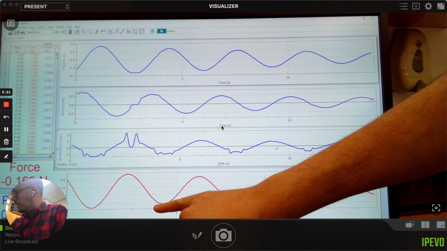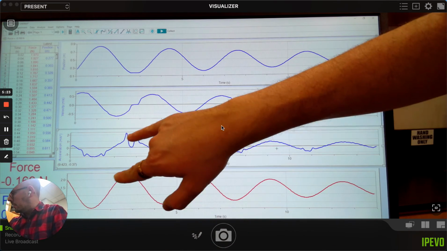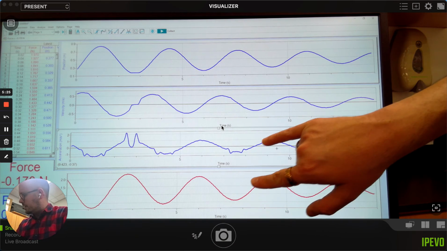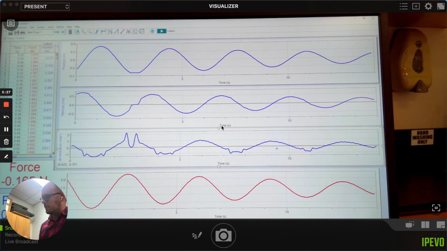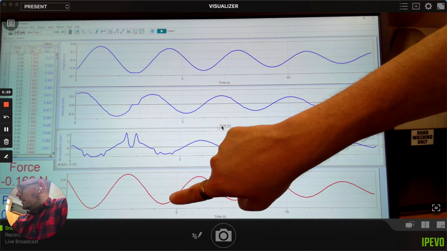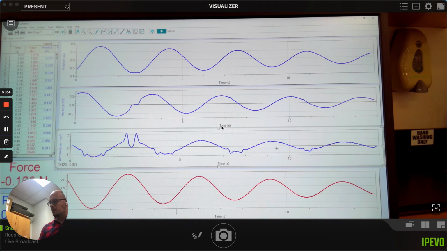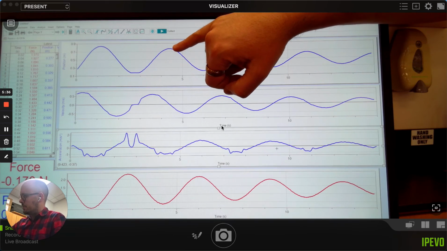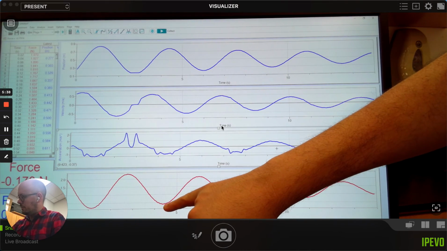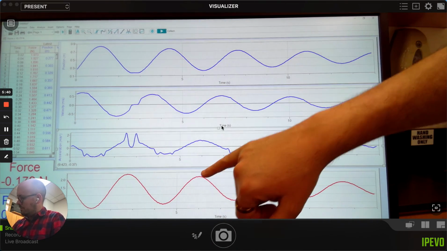Notice that the acceleration and force graphs have exactly the same shape, so they're perfectly in phase. And then the force and position graphs are exactly out of phase. When there's a maximum position, there's a minimum of force. Minimum position, maximum force.